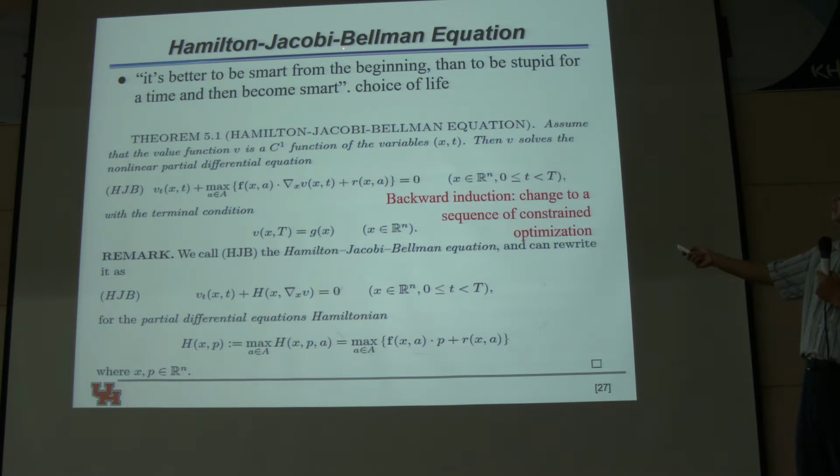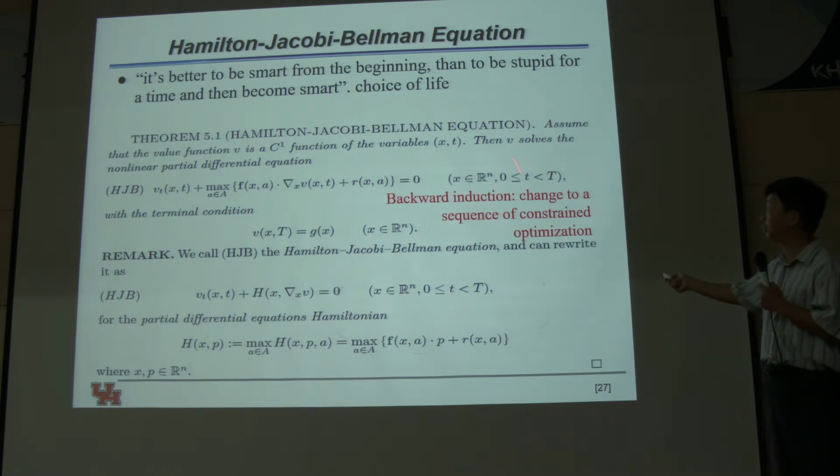Typically, in discrete time, we call it Bellman equation. In continuous time, we call it HJB equation. So basically, for such kind of equation, we change the original problem, integration from 0 to t, to a sequence optimization from capital T back to the current time.